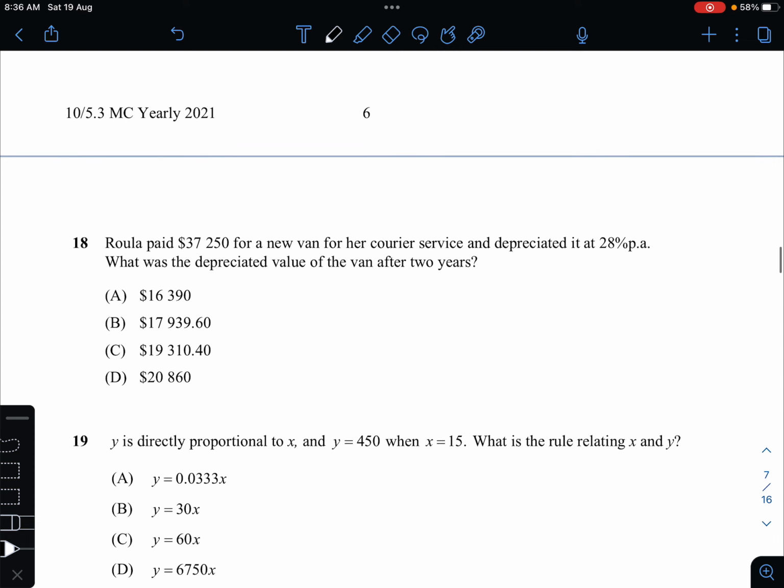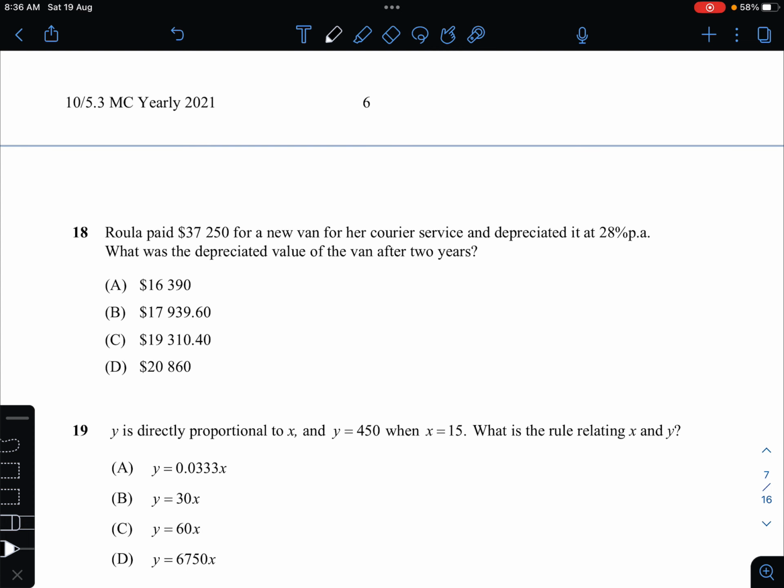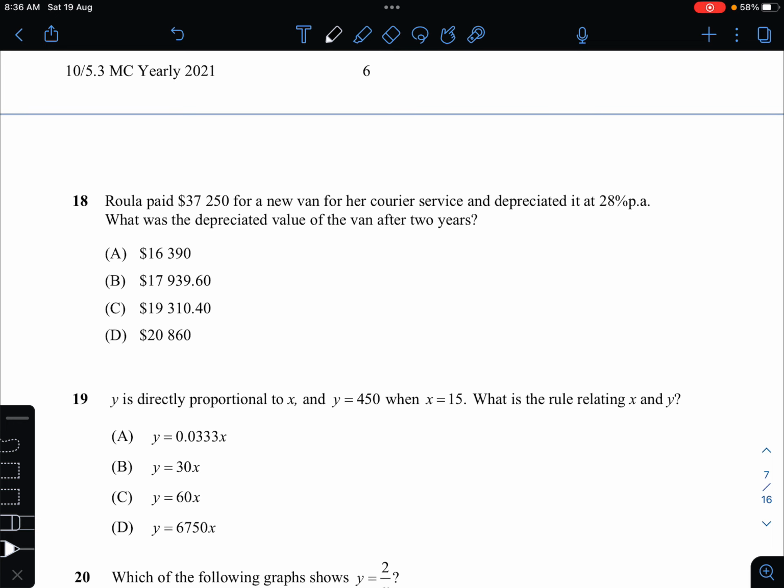Next question. Rolla paid $37,250 for a new van for her courier service and depreciated it at 28% per annum. What was the depreciated value of the van after 2 years? So to work this out, I'm assuming that this is simple depreciation, I guess.